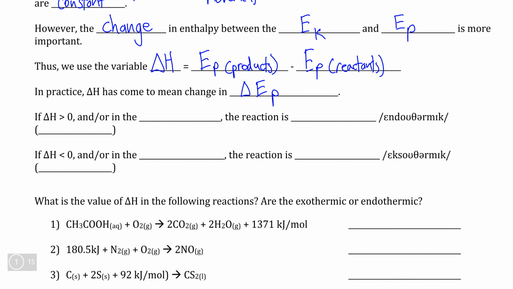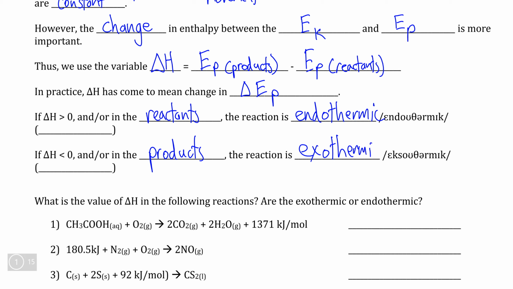In terms of numerical conventions, if delta H is greater than 0, or if delta H, the actual energy term, is written in the reactants of a chemical reaction, the reaction is defined as being endothermic. Conversely, if delta H is written as being less than 0, meaning that delta H is negative, or if delta H is actually written in the products of a chemical reaction, the reaction is known as an exothermic reaction.